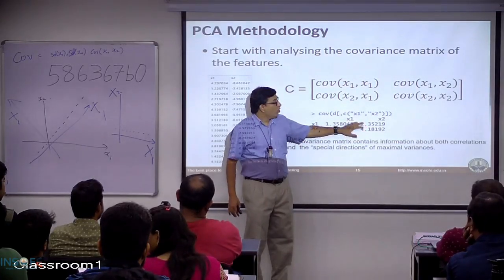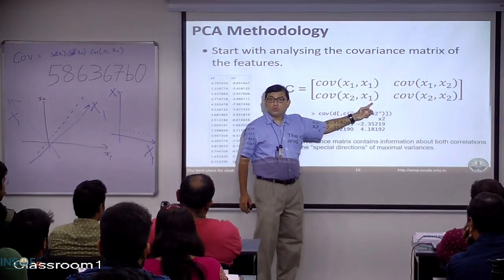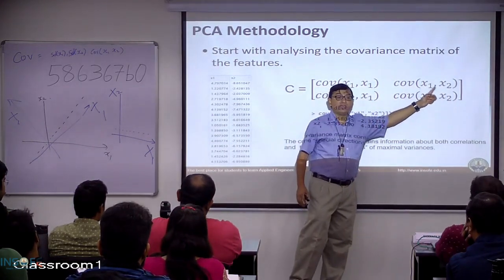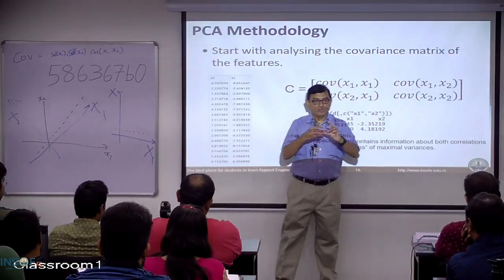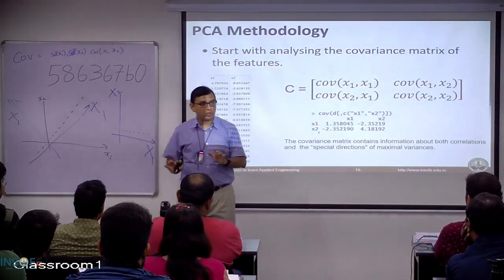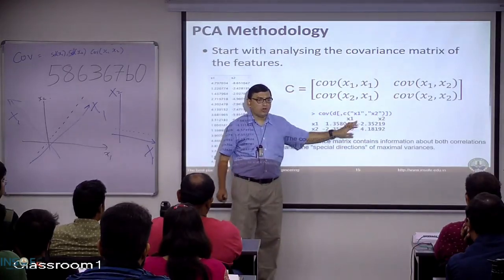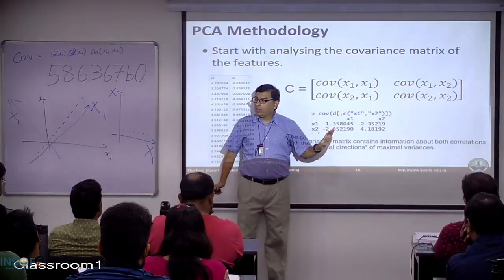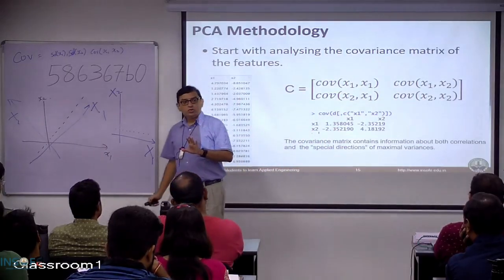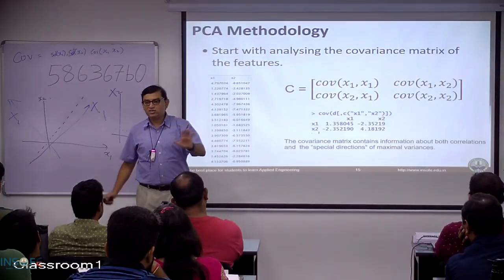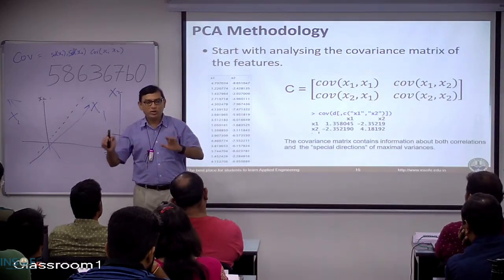Notice the covariance of x2 comma x1 will be the same as the covariance of x1 comma x2, because the order doesn't matter when you're talking about correlation, so for covariance also the order doesn't matter. So it's a symmetric matrix that we have. We're going to be talking about matrices and arrays, and matrix manipulation and array manipulation.